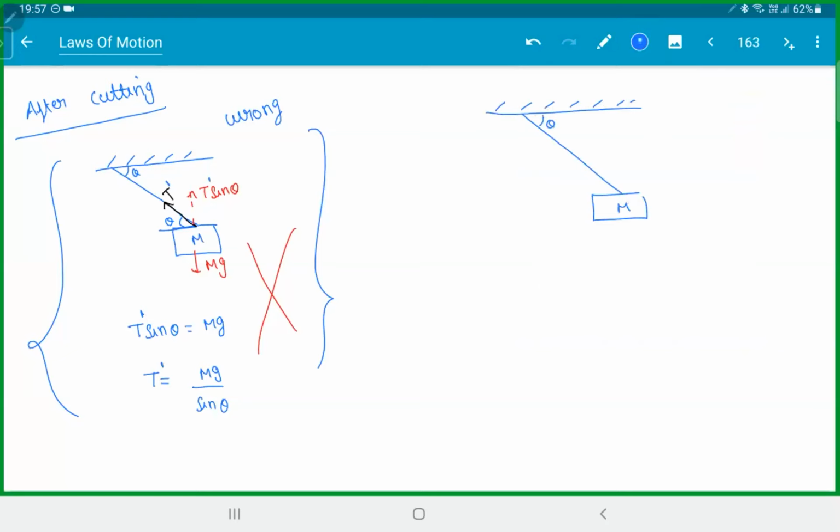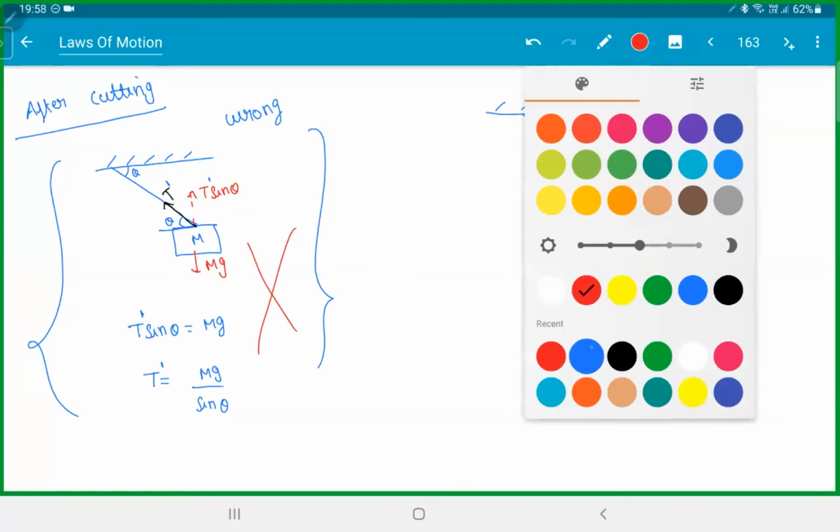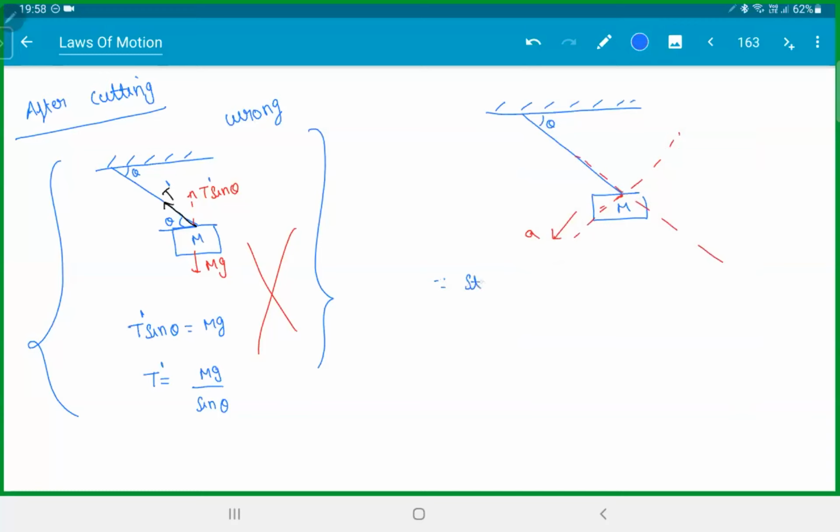The moment you cut, this block here is actually going in a circle, isn't it? It is not in equilibrium, right? So this block cannot go in this direction, it has an acceleration in this direction. Since the string cannot stretch, the block moves tangentially.